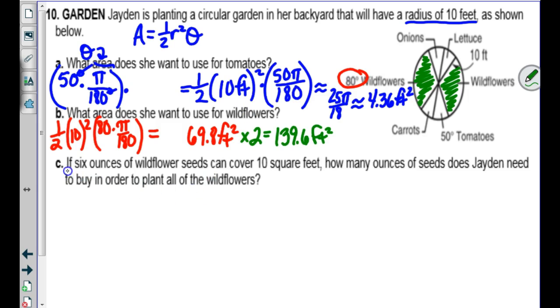Okay. If 6 ounces of wildflower seed can cover 10 square feet, how many ounces does she need in order to plant all the wildflowers? Okay, so she's planting this many square feet of wildflowers. And what are we going to multiply maybe? We need square feet to go away, and we need to end up with how many ounces. What do we know?